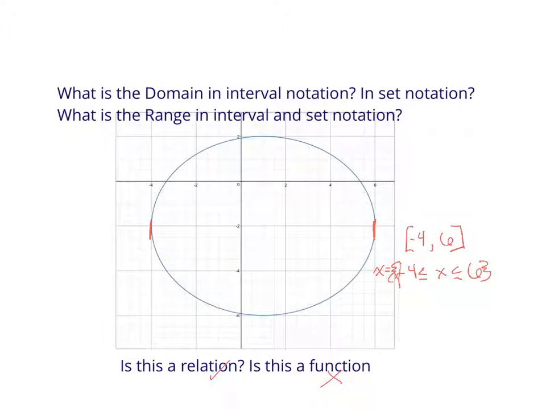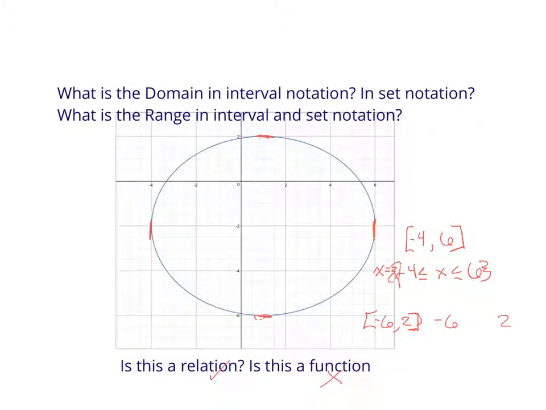Our range goes from 2 to -6. So, sorry, I should say -6 to 2. Square bracket there. And so I'm going to go -6, 2.